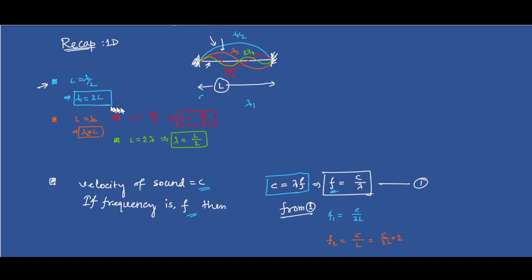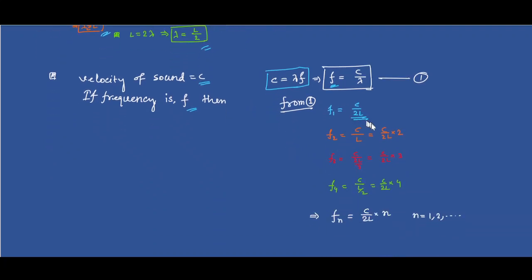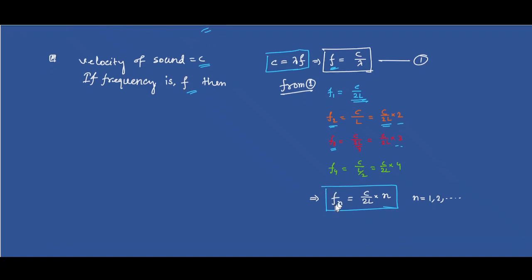We use these relations to find the frequency for every mode of sound wave in 1D, and we get f1 is c over 2L, f2 equals c over L, f3, and so on. So we generalized this expression and get the frequency in general for the nth mode, where n equals 1, 2, 3, and so on.